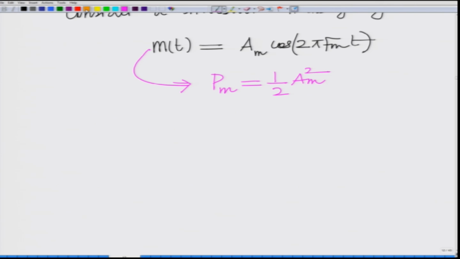Also realize that mu, the modulation index, remember we have defined the modulation index, and the modulation index for this sinusoidal signal is basically mu equals Ka times Am. Basically we have defined mu in one of the earlier modules, and we have shown that for a sinusoidal message signal, mu equals Ka times Am, correct.